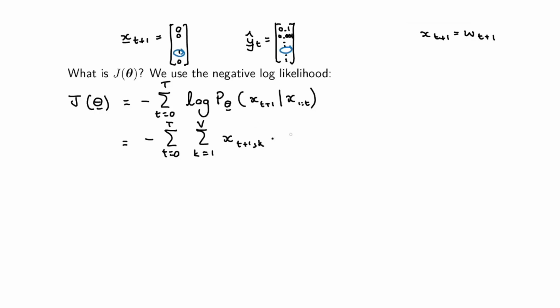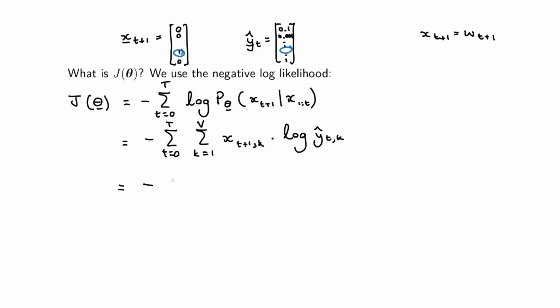Then I multiply that with the log of the corresponding item in my predicted vector, y t k. Just stare at that a second, but it's a very fancy way of saying I pick the item in my vector corresponding to the word that's in my training data at that specific position.